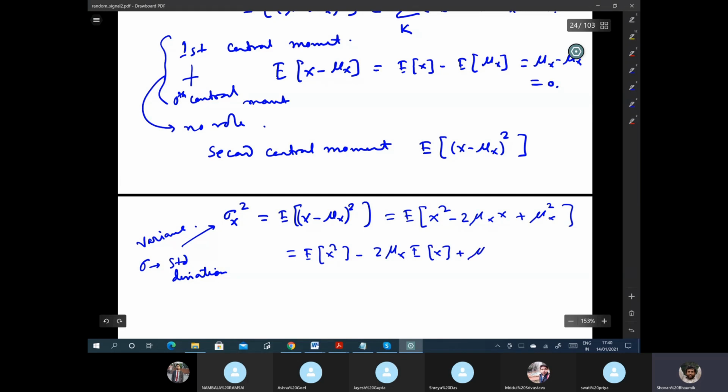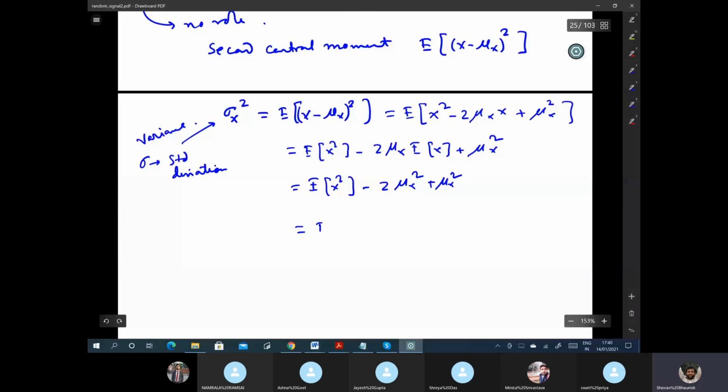So this will be E of x square minus 2 mu x square plus mu x square, so it will be E of x square minus mu x square. So this variance plays a very important role. Always we call the variance, or standard deviation, the second central moment, and it shows how much your data is spread.